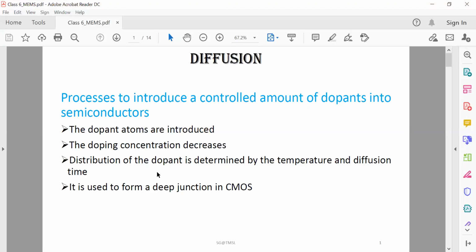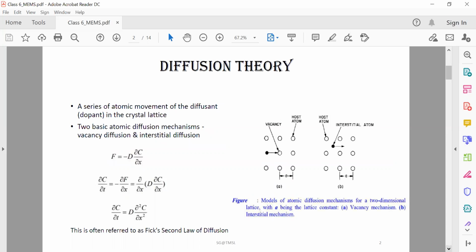Diffusion is used to form a deep junction such as an n-tub in a CMOS device.